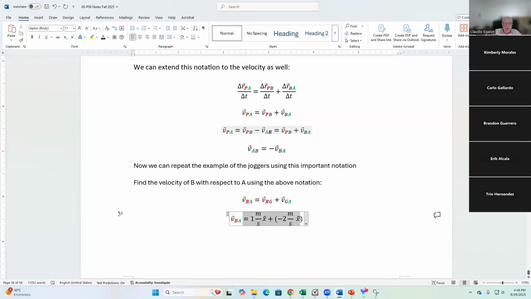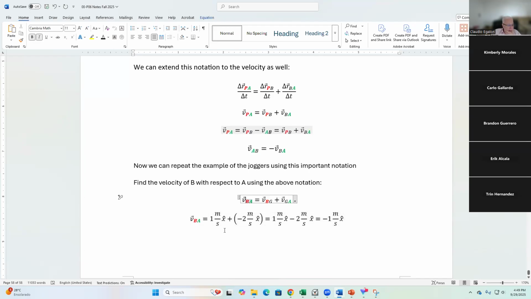And now we solve this equation and we get exactly what we got before, right? Here we go. Take this guy from the parentheses. Minus 1 meter per second. Okay?